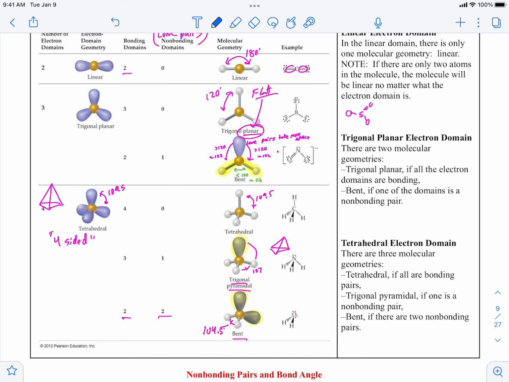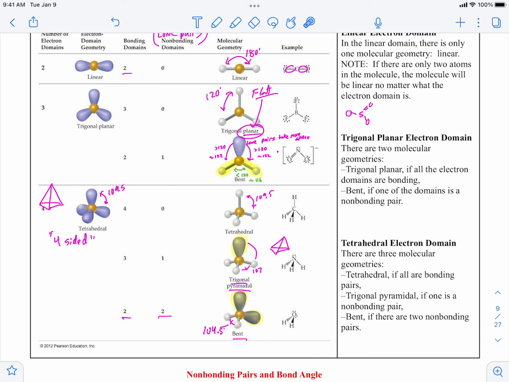Okay, so let's go through these here. So the linear, the left side and the right side, do you see how it's perfectly balanced? This would be a nonpolar molecule, okay? Could this one be polar? It could be if this left atom and the right atom are not the same, then that would be polar. But if it's the same atom on both sides, it would be nonpolar. Trigonal planar. If these three atoms on the outside are all the same, this is a nonpolar molecule.